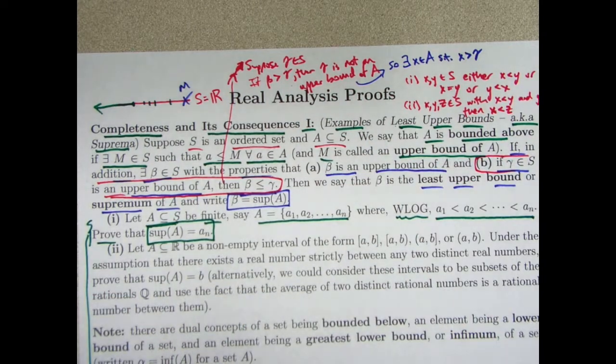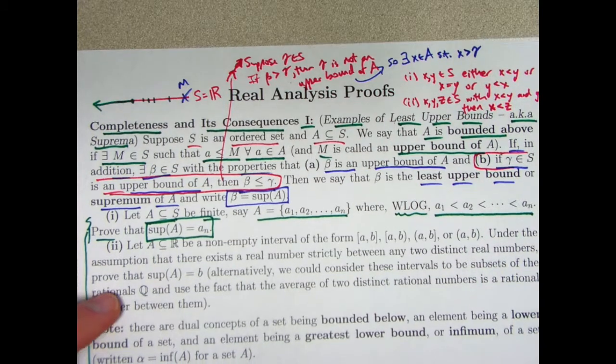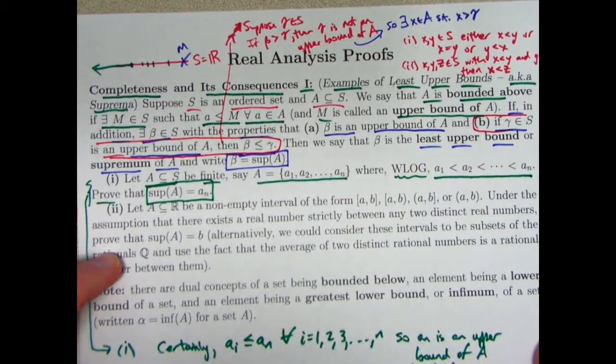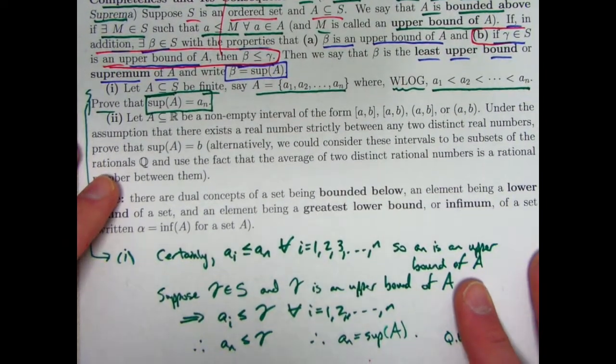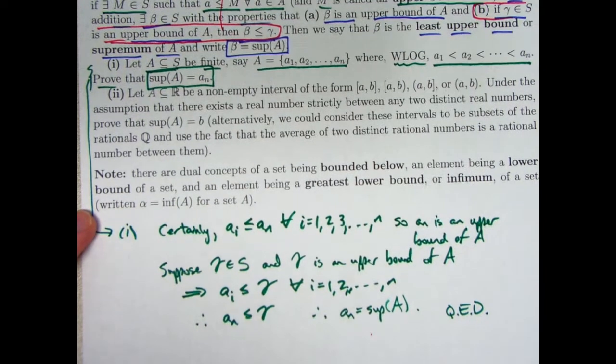Gamma would be an upper bound of A. So you get a contradiction pretty quickly to the assumption that there are two distinct suprema. So a supremum of a set is unique if it exists.